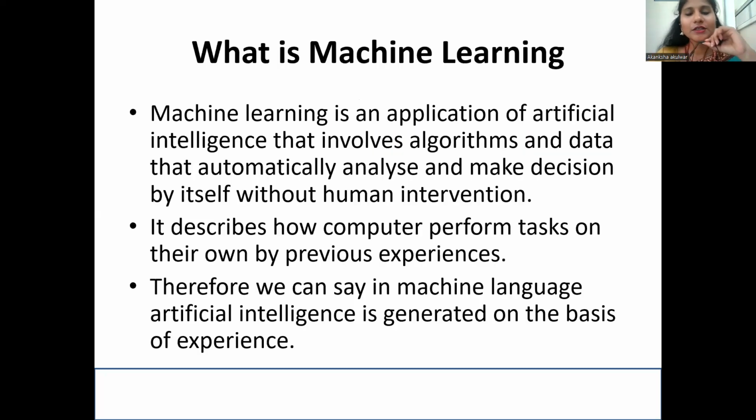So first we will see what is machine learning. Machine learning is an application of artificial intelligence that involves algorithms and data that automatically analyzes and makes decisions by itself without human intervention. What do you mean by automatic without human intervention?